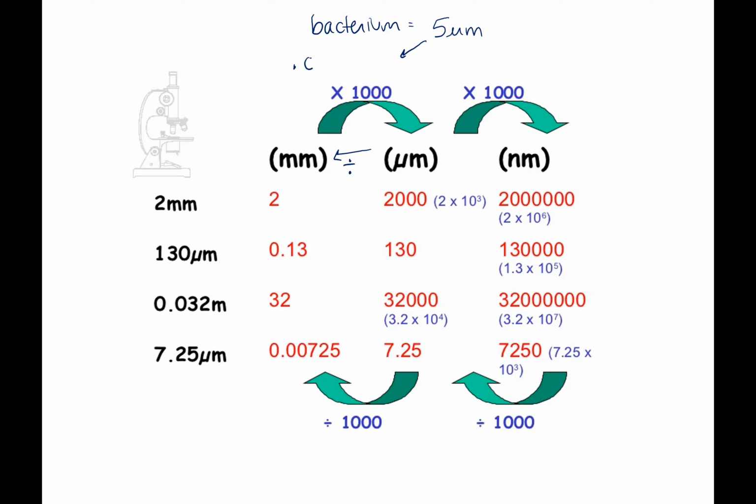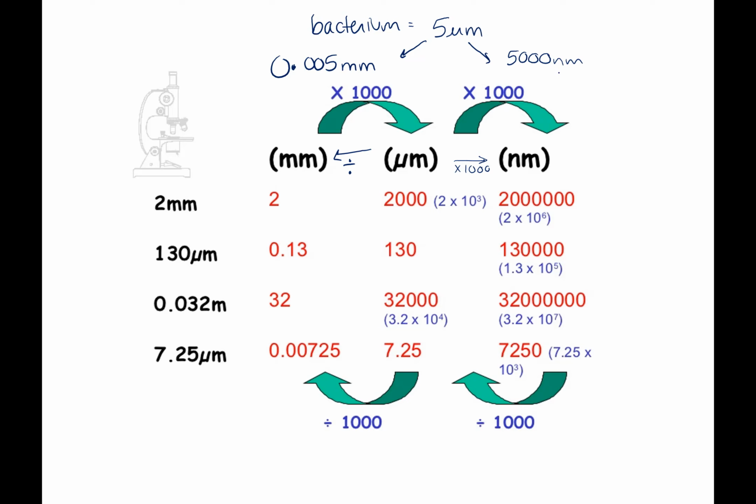So it would be 0.005 millimeters. And to go this way, we multiply by 1,000, like it showed. It would be 5,000 nanometers. So all of these represent the same size: 5 micrometers, 0.005 millimeters, 5,000 nanometers.